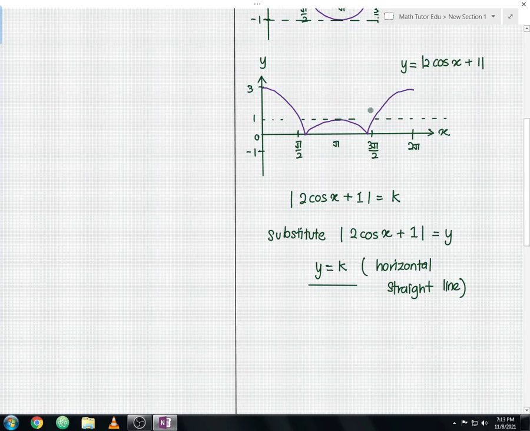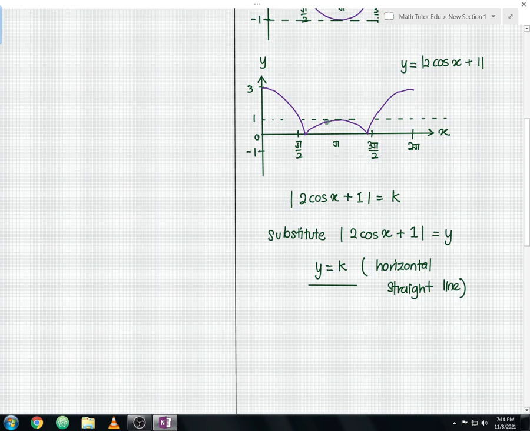This is still not sufficient as we need 4 intersection points. So where is the region that fulfills the 4 intersections? If you look closely, it is between 0 and 1, guys. This is the region where we can obtain 4 solutions.